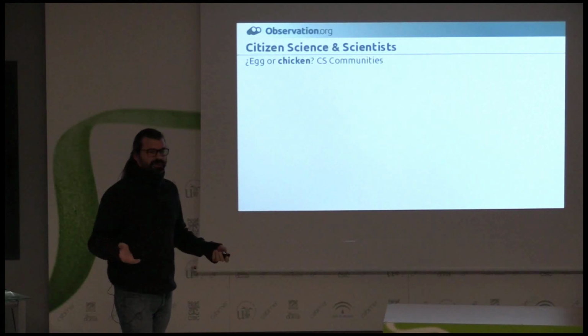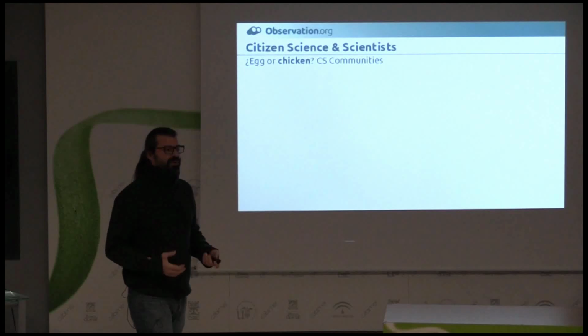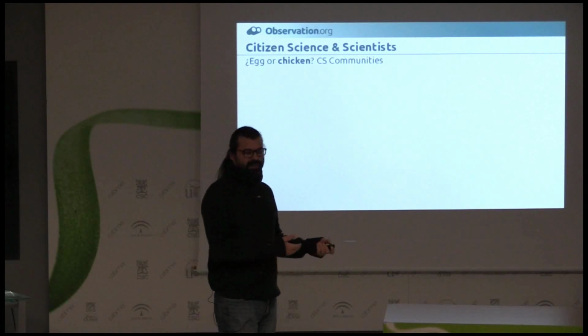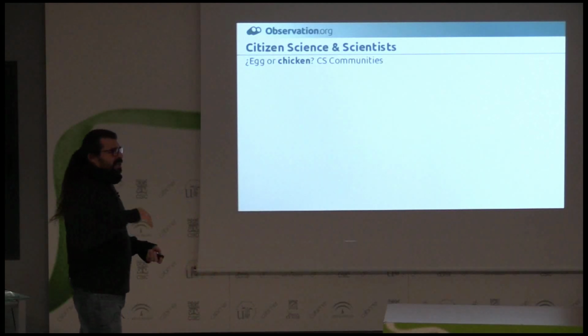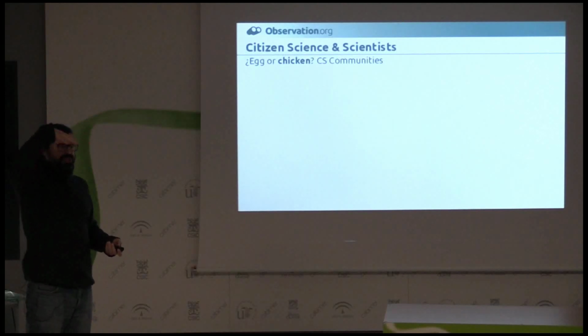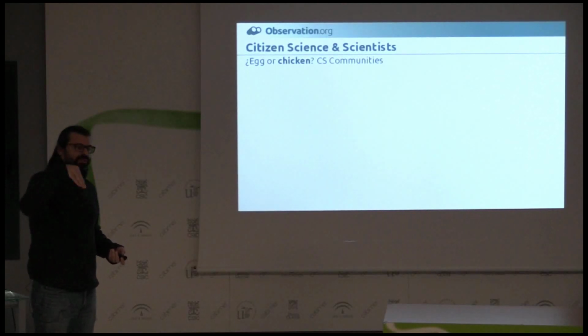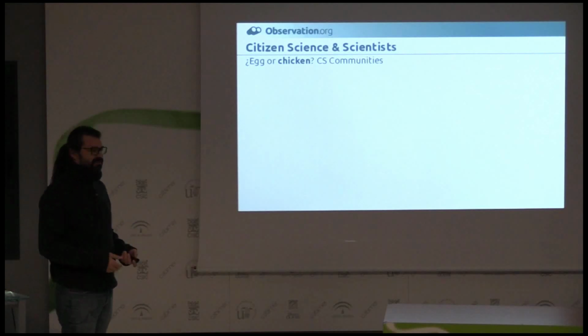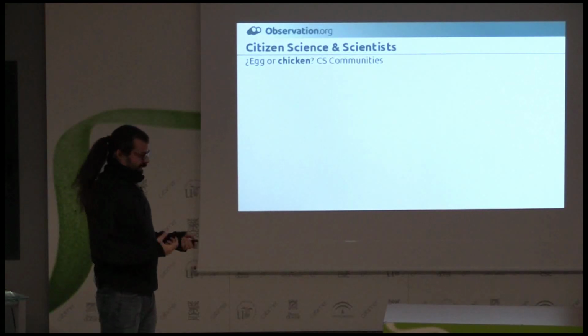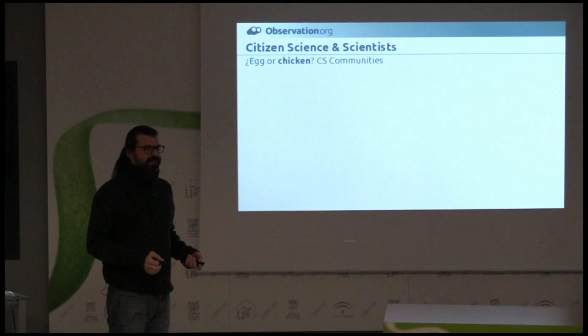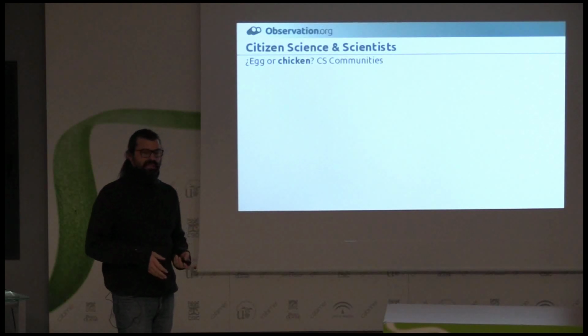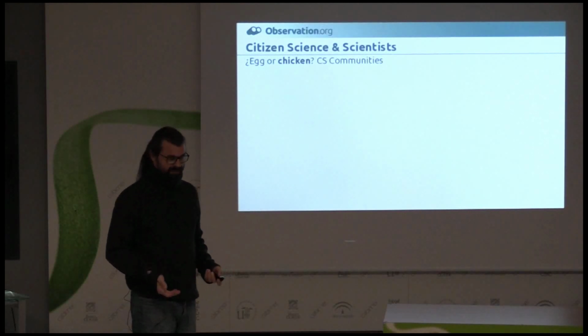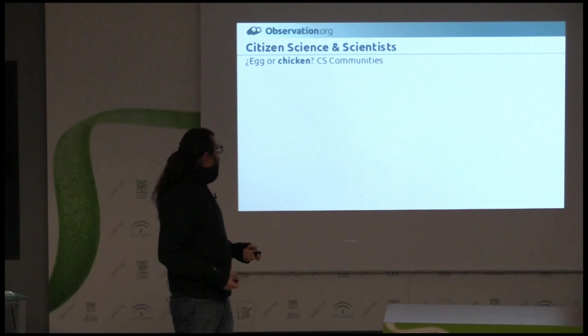We are users that wanted to use technology to improve our experience collecting data in the field. But sometimes you are a research team that wants to go to the users and do something with citizen science. So the key here, in my experience, is the citizen science communities. It is something that you have to keep in mind. You need the people, and you need to get to the people.